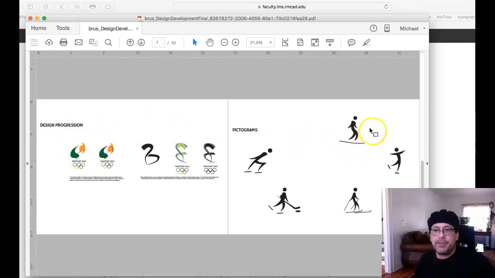Okay. This page over here. Again, you got some alignment issues. Boy, I just don't like Adobe. Well, I shouldn't say that.